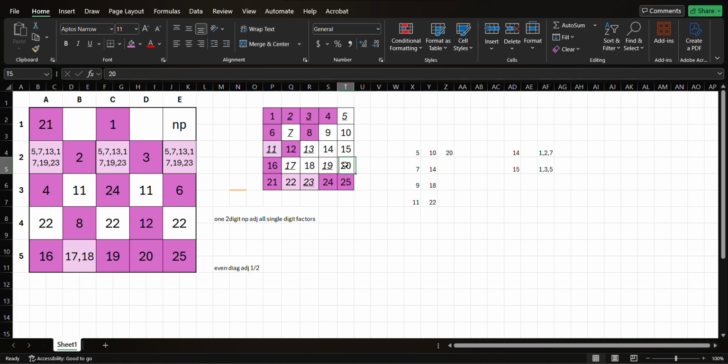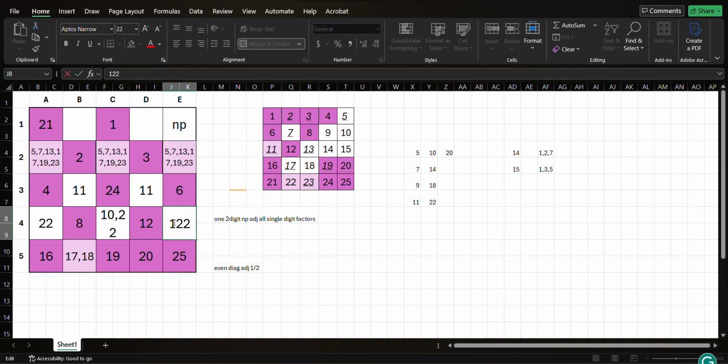Let's do this 20. 20 would have to be adjacent to a 10, so a 10 has to go in there or in there. And then the 10 itself would have to be diagonally adjacent to a 5, so that leaves only a 5 there or there. It can no longer be in this top one.